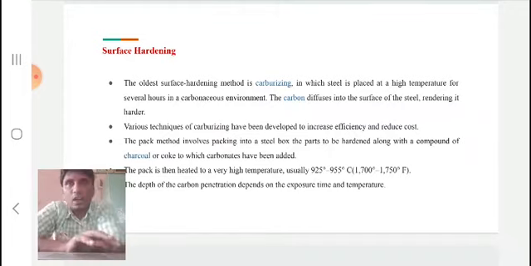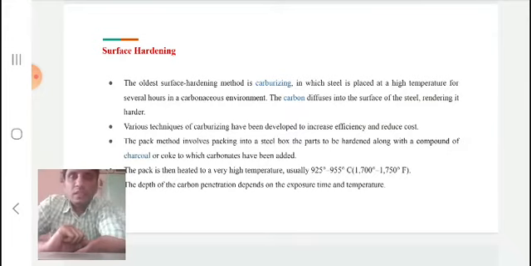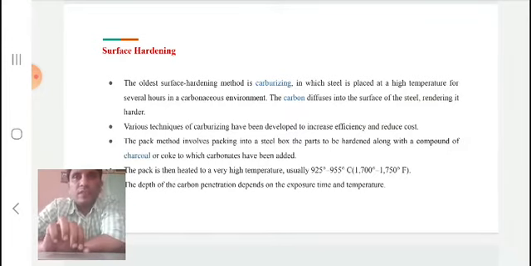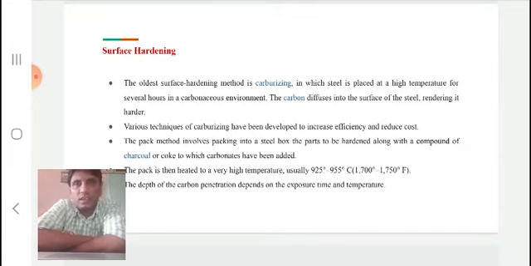So in gas carburizing, a furnace is used in which the components are passed in from one side and taken out from the other side.